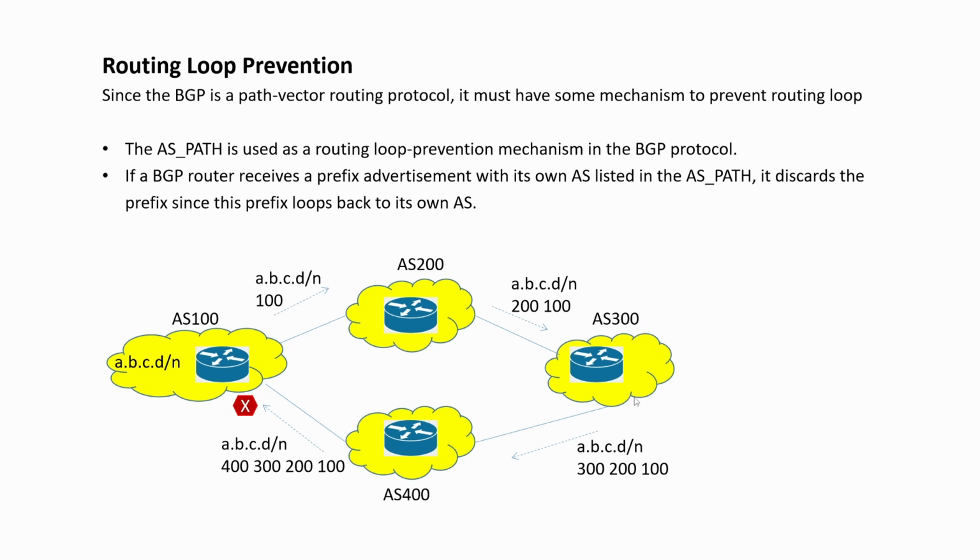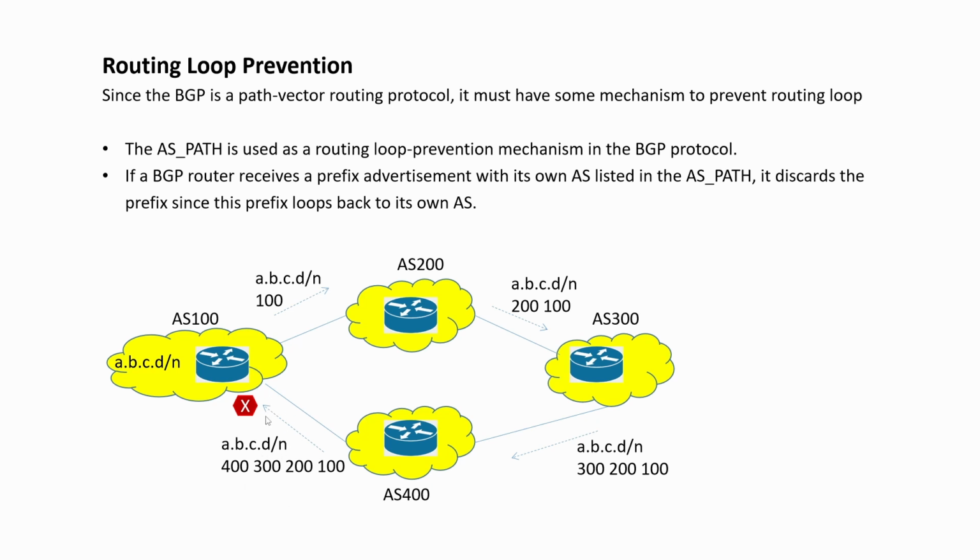AS300 does the same thing, just prepends AS300 to the path here. Then it sends this prefix to AS400. AS400 again prepends its AS400 to the AS path, then sends this prefix out back to AS100.